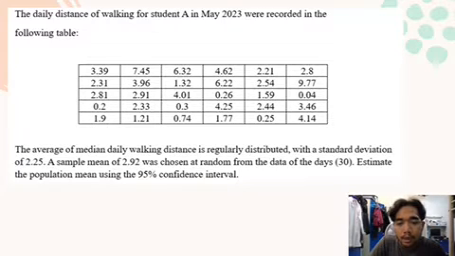A sample mean of 2.92 was chosen at random from the data of 30 days. Estimate the population mean using the 95% confidence interval.